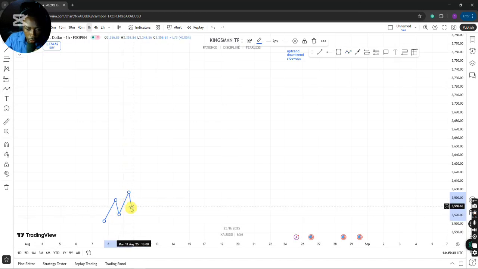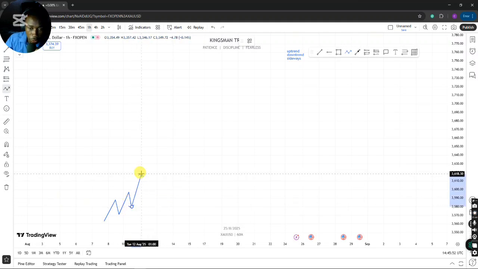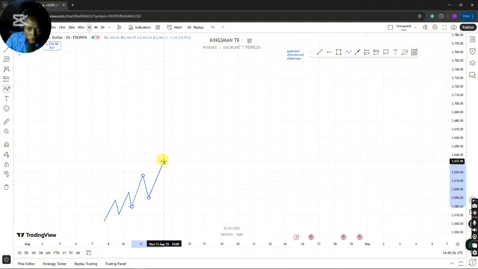This low is higher than the previous low, so it's a higher low. As price progresses, creating this series of moves, that's what is identified as an uptrend, because you can see that price is going up, it is bullish.